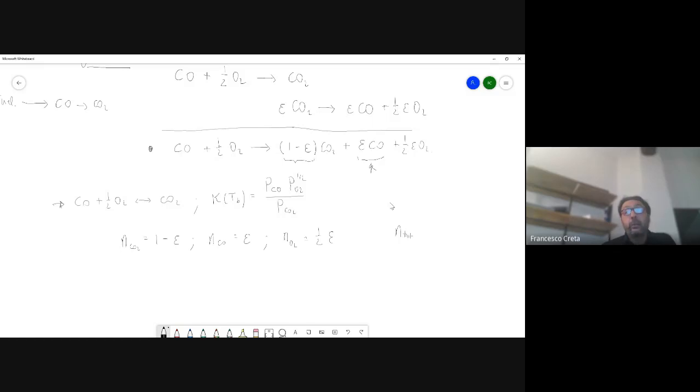And clearly now the total number of moles, if you sum these three, will be 1 plus 1/2 epsilon. So we can write down the mole fractions now. For CO2 it's 1 minus epsilon divided by n total, which is 1 plus 1/2 epsilon. And we could do the same thing for CO, I'm not going to do it, and O2.